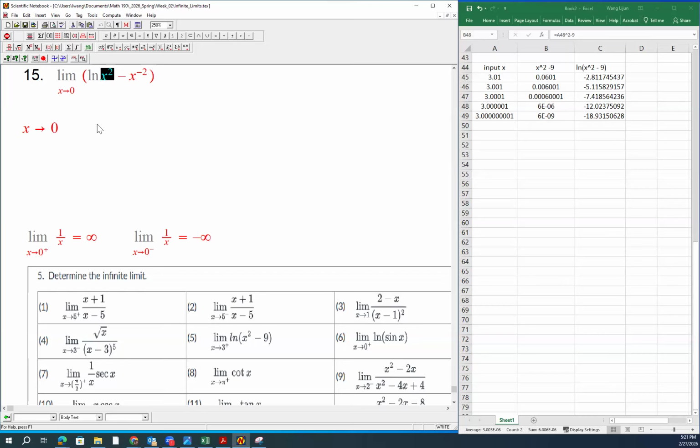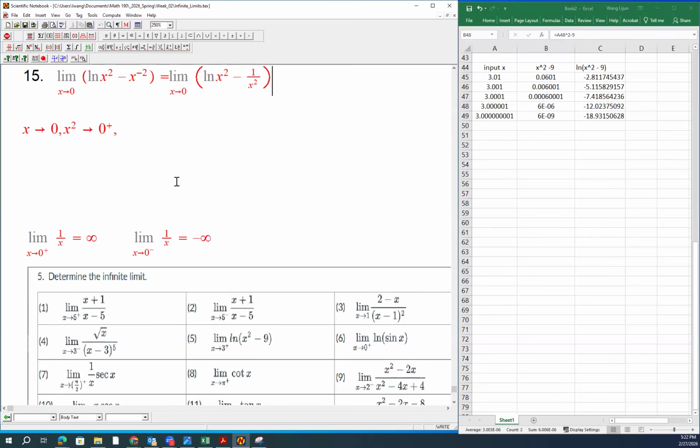When x approaches 0, x squared is approaching 0 from larger than 0. To rewrite this form, x raised to the power negative 2 is equal to 1 over x squared. So ln x squared, because x squared approaches 0 from larger than 0, is approaching negative infinity.